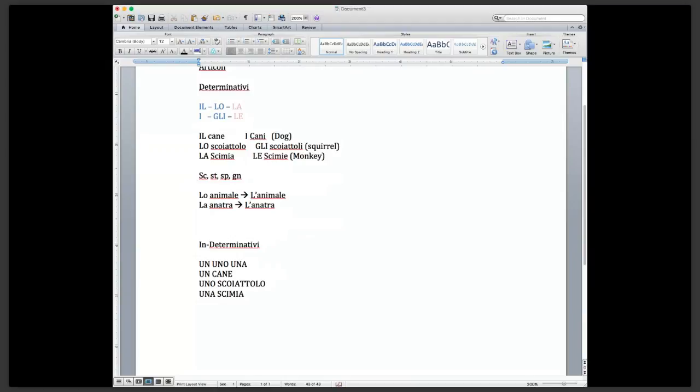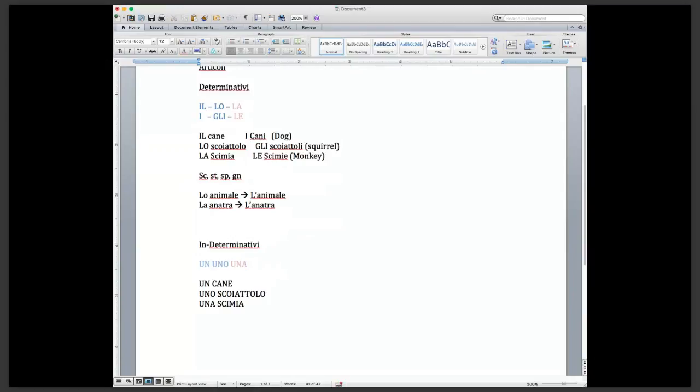Do you see the pattern here? The ones you have here on top correspond to the masculine over here and the feminine over here, and that's it.